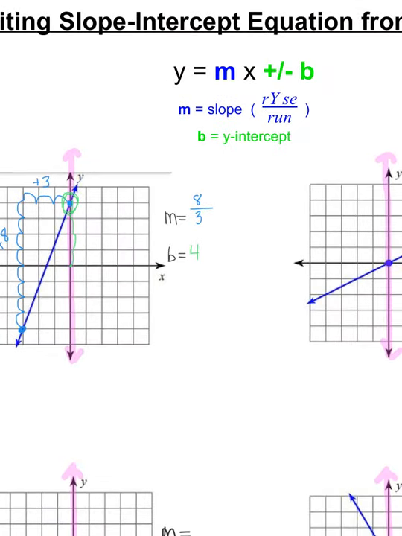The equation starts off with y equals, and we have the value for the m, 8 over 3. It's perfectly fine to leave it as a fraction as long as it's simplified. The x will still be there. Now the plus or minus b, well, that's a positive 4, so we write plus 4. And that is your slope-intercept equation for that graph.